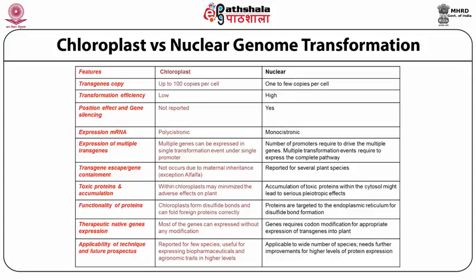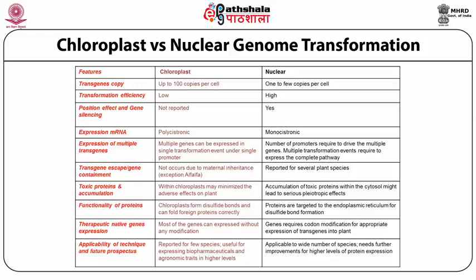For gene expression, there is a polycistronic and a monocistronic method: monocistronic in the nucleus and polycistronic in the chloroplast. You can express multiple genes under one promoter, and for all these genes under one promoter there will be one single mRNA.